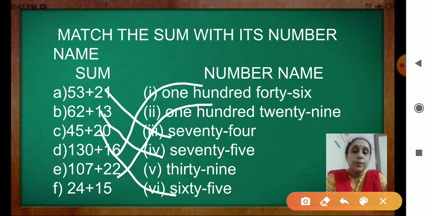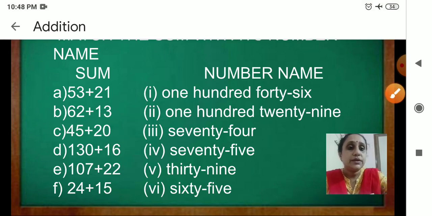And 24 plus 15. The answer is 39. Have a look here. Understood how you will do the sums? Whatever the answer, you have to match with the number name. Done? Okay.